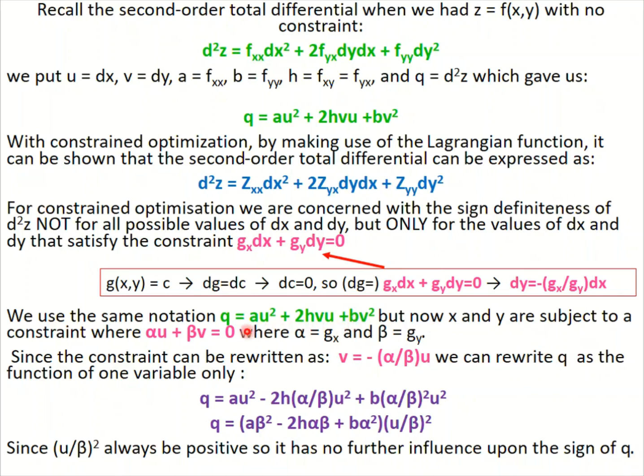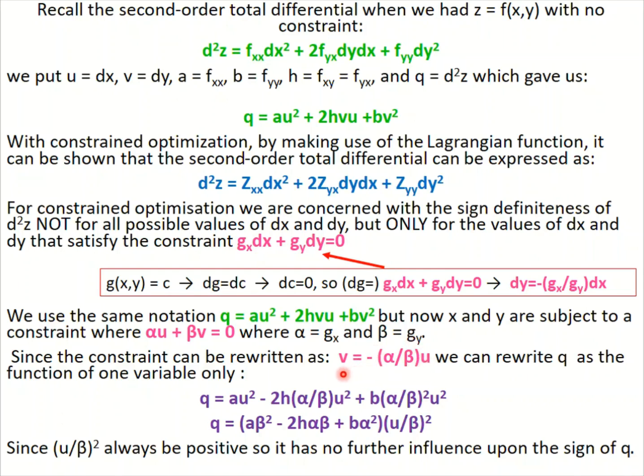This is our q here, which is indicating our second order total differential, d2z. We can rewrite this as a function of only one variable, because we have now got v equal to this expression here, which includes u.